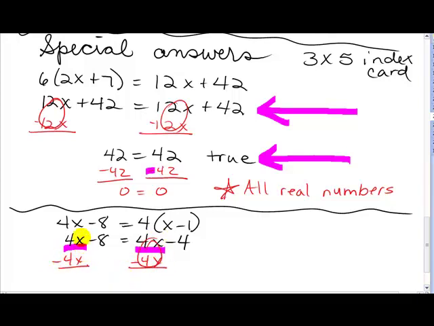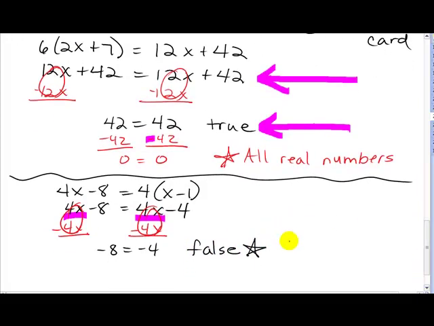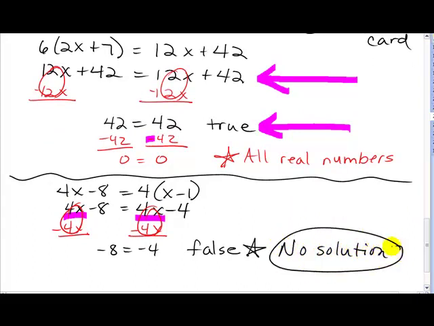Minus 4x, that also becomes 0. What I'm left with is minus 8 equals negative 4. And this is a false statement. So when it gives you a false statement, then your answer is no solution. We can't pick a number for x that will make this a true statement. Here we can pick any number we want, and it will become true. Okay?